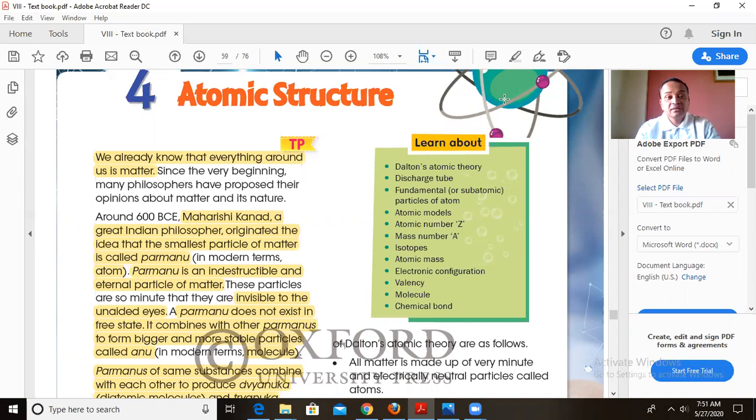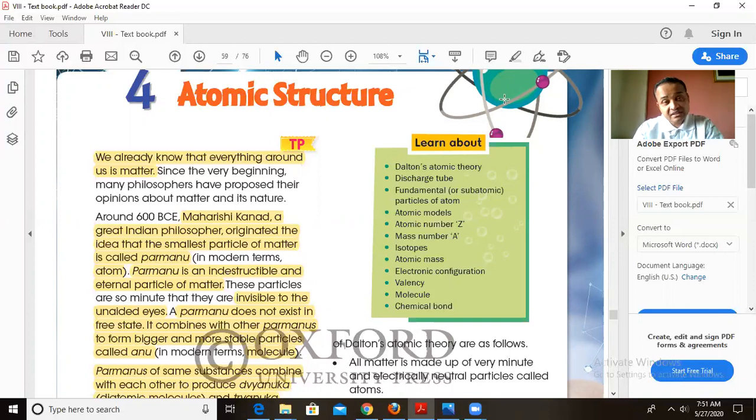In the first chapter, which we started last week, we talked about matter. And we saw that this matter is made up of tiny particles called atoms. Today, in chapter number 4, atomic structure, we are going to study this atom in detail.